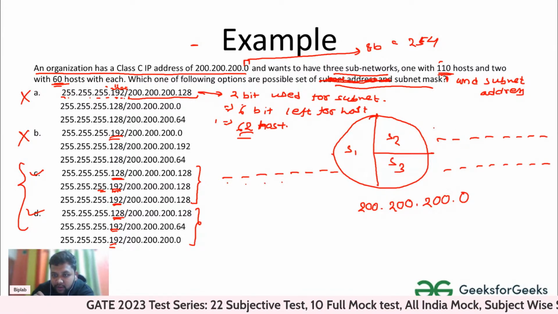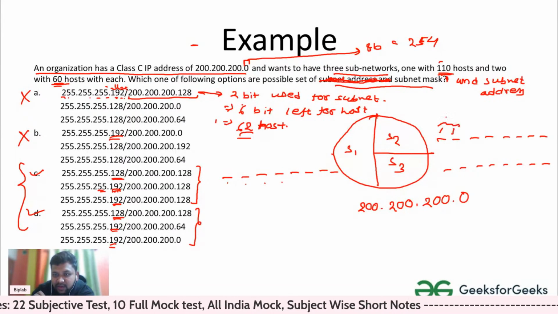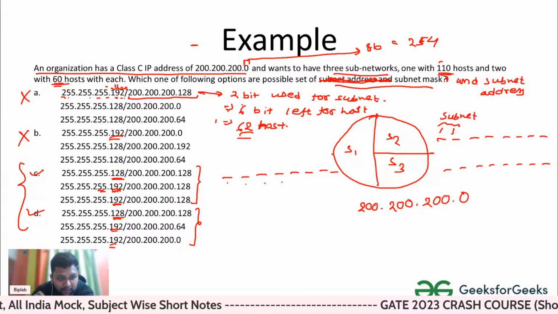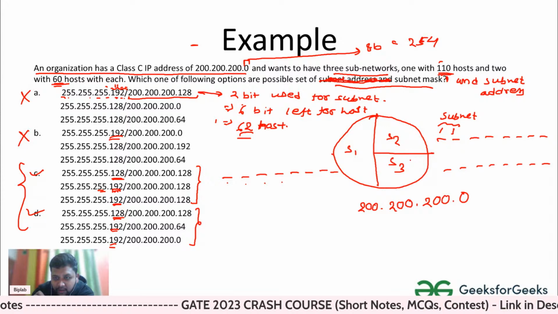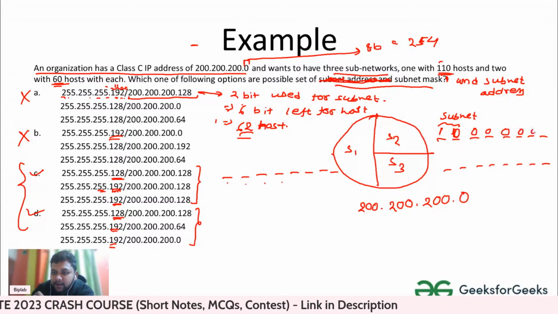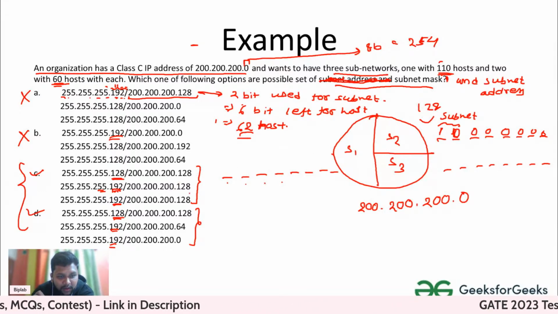These 2 bits are reserved for subnet. These 2 bits may have 1, 0, and all the rest are 0. It is okay. Now you can have 128 as your network address.